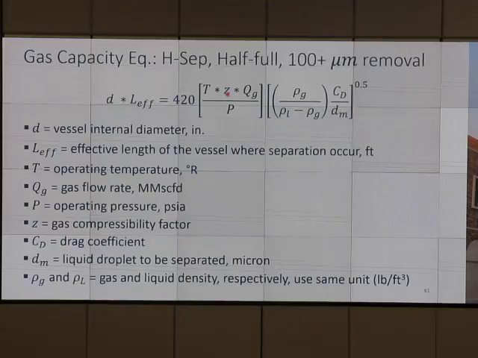And that Z is dependent upon the molecular weight of gas. Molecular weight of gas depends on the specific gravity, correct? So specific gravity of 0.55 methane or 0.6, 0.7, 0.8. When the specific gravity changes, Z changes a little bit, not very much.